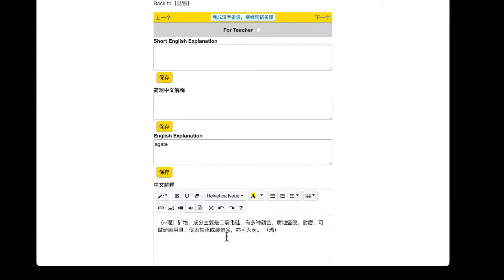玛瑙 is a mineral, 二氧化硅. I don't know, it's two oxygen and one 硅, silicon. So this thing is very tough.